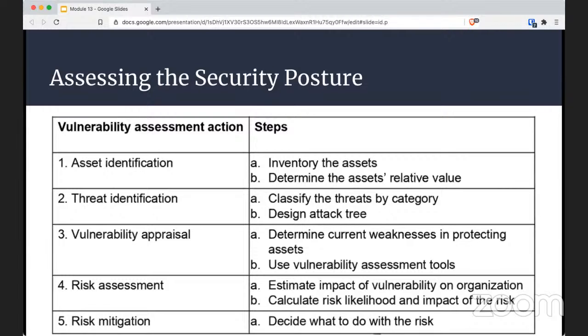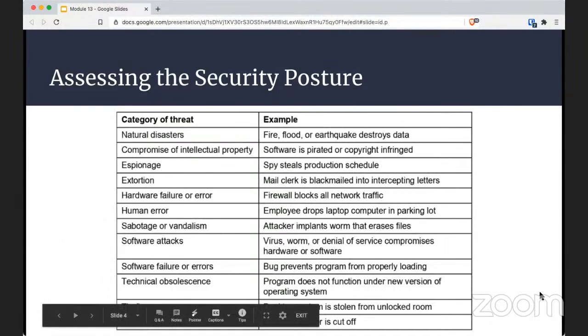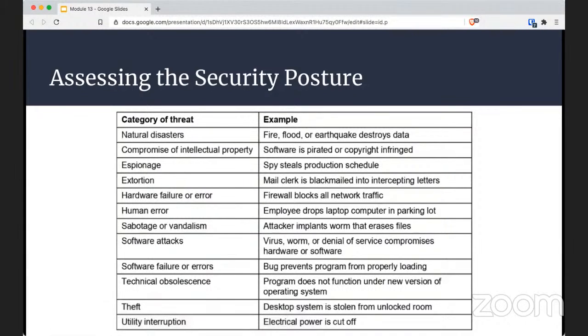Because the threats that we identify could pretty much be everything from espionage, extortion, to a hard drive fails, to a meteor falls from the sky, to a power outage, to rats in the line chew up the cables and cause mayhem. All of these can be threats.